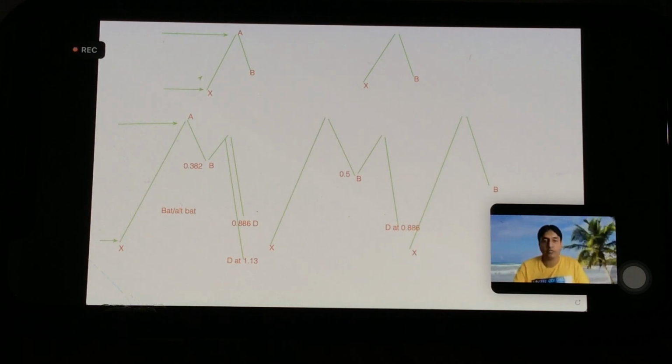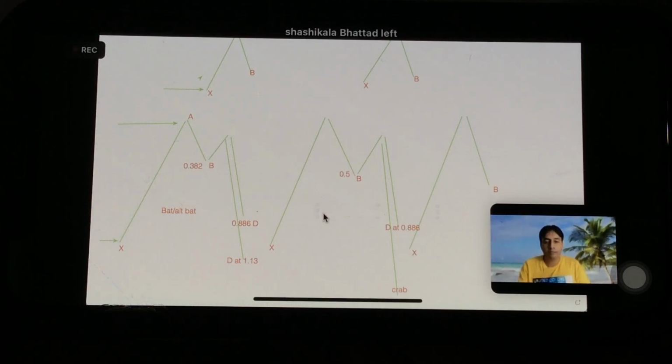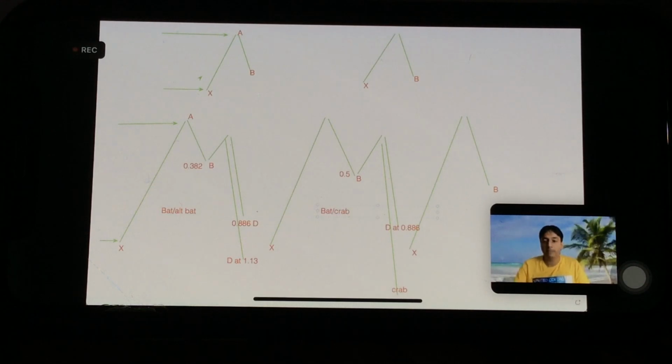If it hits the stop loss, it will straight away go to 1.618. That is crab pattern. Crab. Right? So when it's at 0.5, patterns are bat or crab.